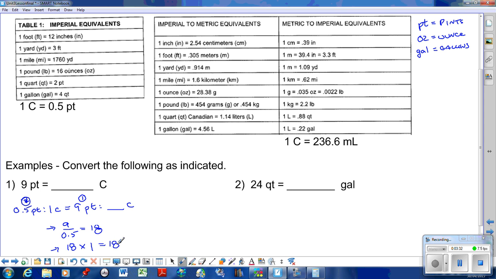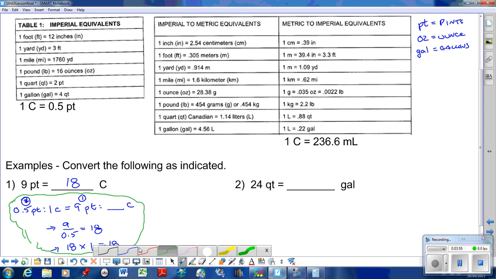So 9 pints is the equivalent to 18 cups as our final answer. So you will have to do some of this rough work down below here. This is going to be something that you're going to get quicker with as you go through, but I would recommend going through and showing this process until you get comfortable with it. And some people might be using this all the way through.